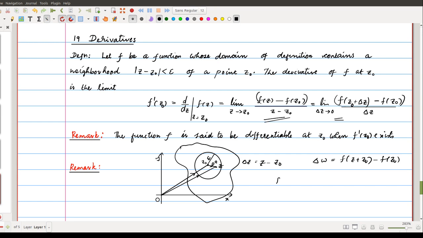Then what is the definition of f'(z0)? Usually we denote this as d omega by dz, where we represent omega as f(z).